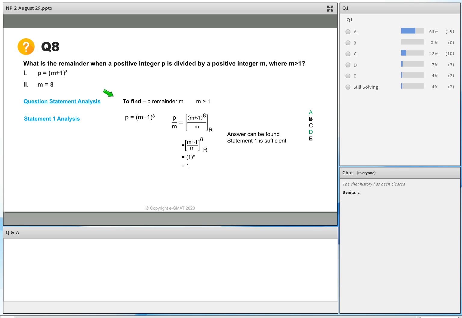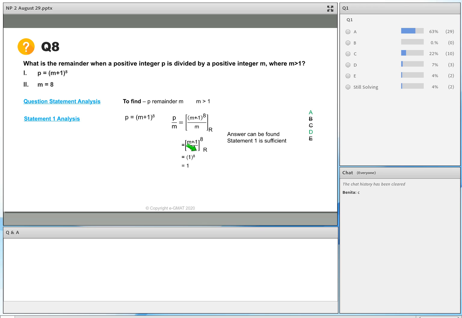Well, the remainder that I'm trying to find from the first statement, if you see, I'm dividing (M+1)^8 by M. Now I know in remainders, I don't have to do all of this power business, all of this multiplication before I get the remainders. I can find individual remainders first, and then I can raise them to whatever power it is. So I'll find the remainder when M+1 is divided by M, and I'll then raise it to the 8th power.